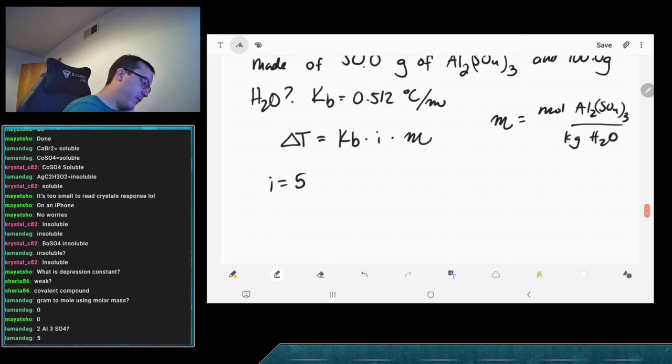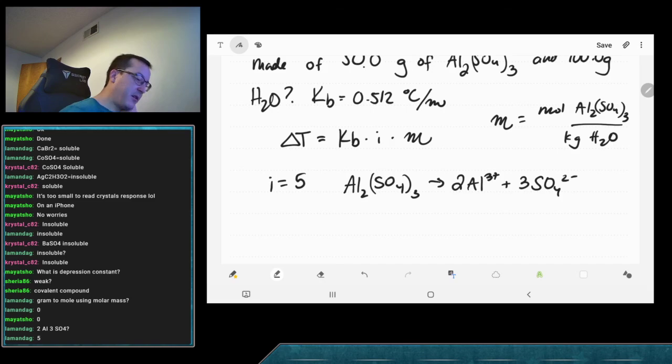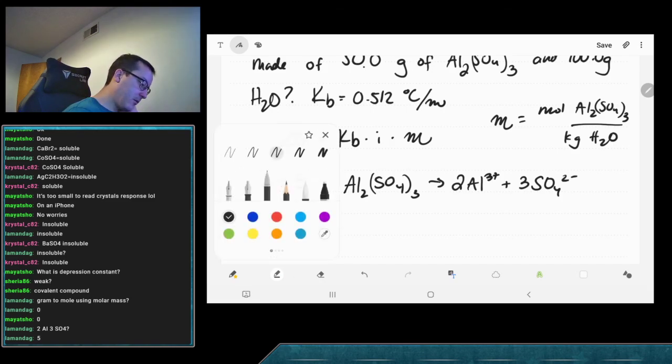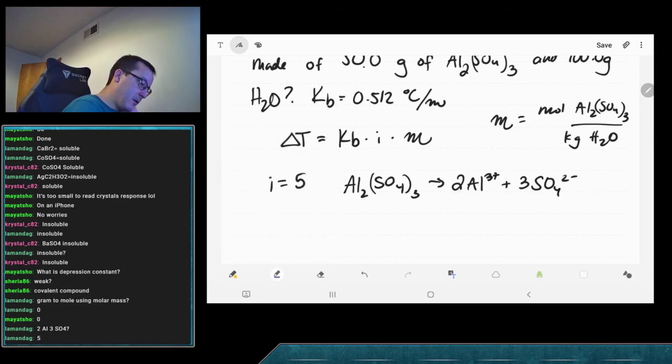And so, if we think about it, what's happening here, when this breaks apart, we get 2 aluminums plus 3 sulfates. So together, that's 5.